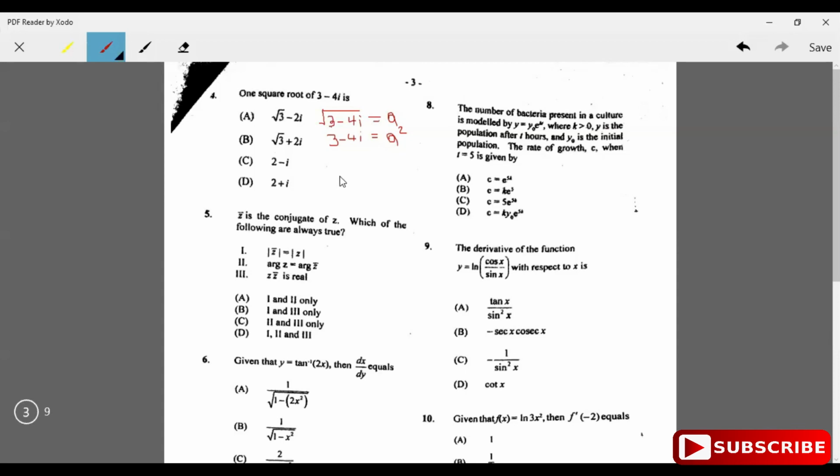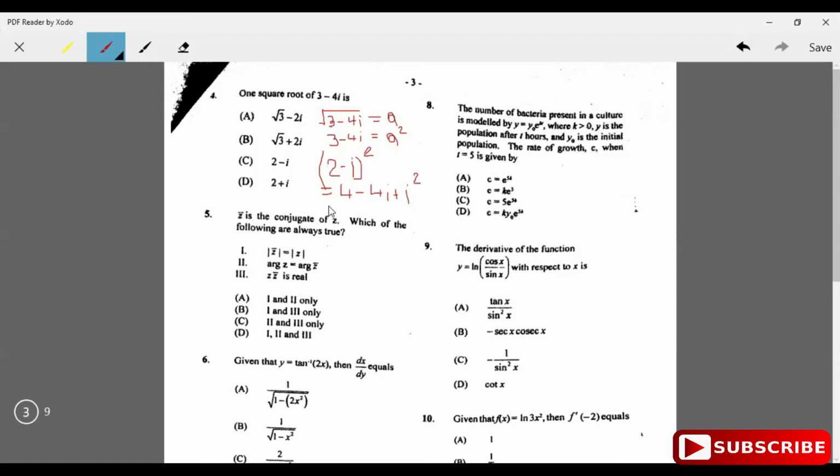All right, so I know it's option C, and just to justify, we have 2 minus i. When we square 2 minus i, we get 4 minus 4i plus i squared.